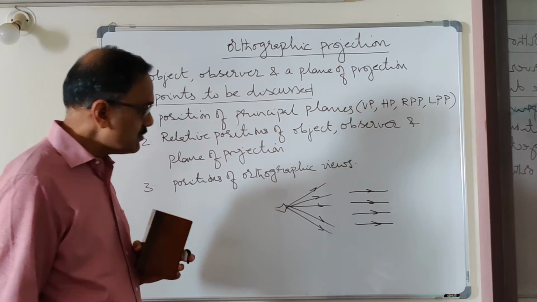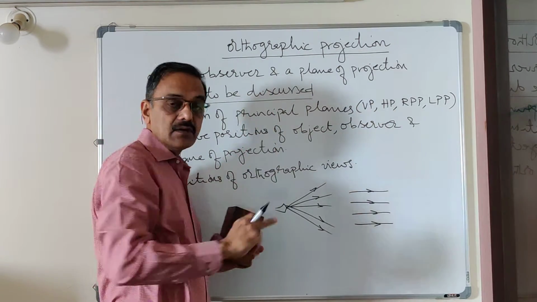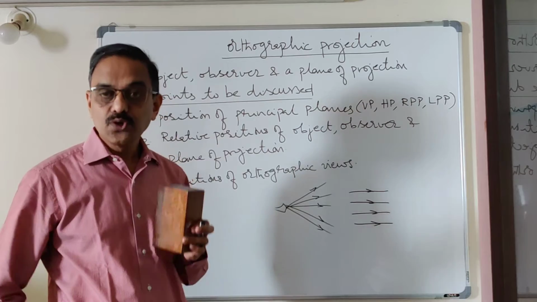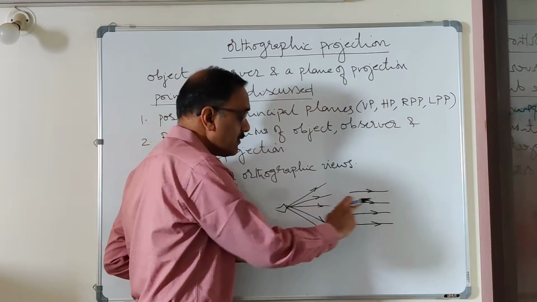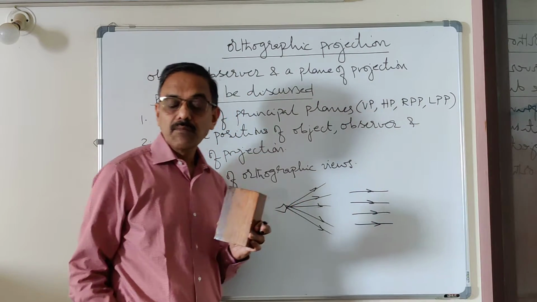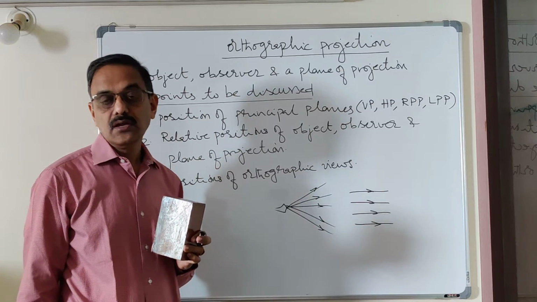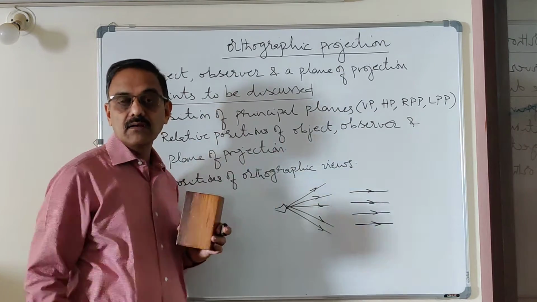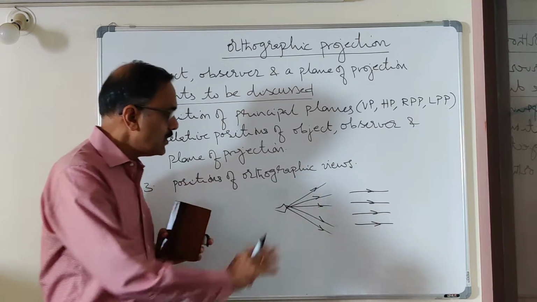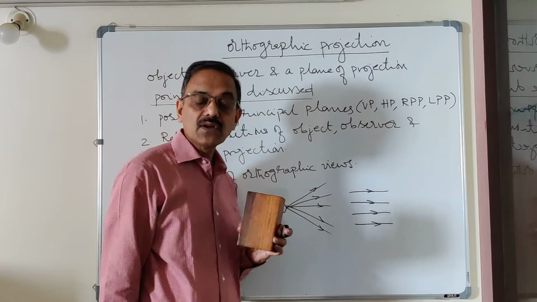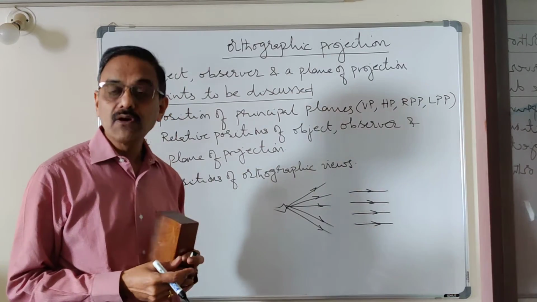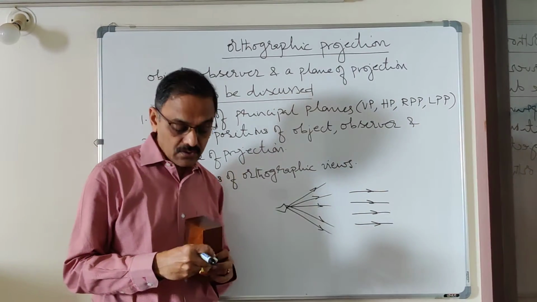That is why in orthographic projection, the observer is always imagined to be at infinite distance from the object, so that the rays coming out of the eye of the observer are parallel to each other, and perpendicular to the plane of projection as well. This is the requirement in orthographic projection.